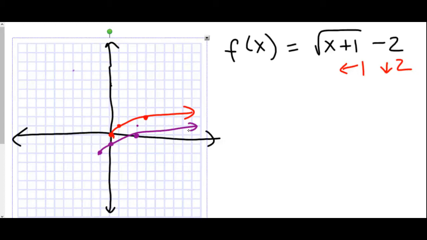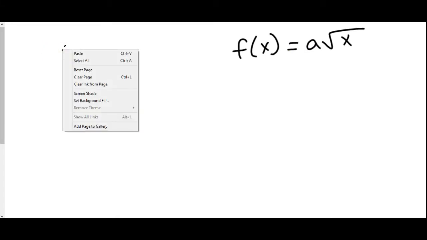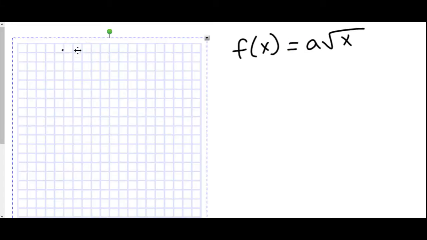So there's our basic shifts, our horizontal and vertical shifts. We can also do what's called a stretch or a shrink or a flip. On our basic parent function again, if there's a number in front of the square root, it's going to tell us whether we shrink, stretch, or flip.